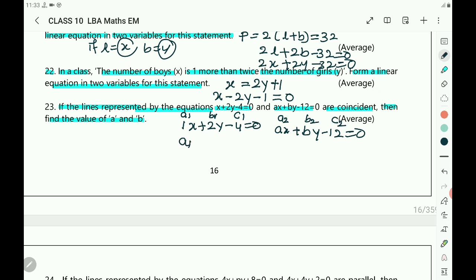You know that a1 by a2 equals b1 by b2 equals c1 by c2 if the lines are coincident. Then you write a1 by a2 is 1 by a, equals b1 by b2 is 2 by b, equals minus 4 by minus 12. So here you are going to get 1 by 3.